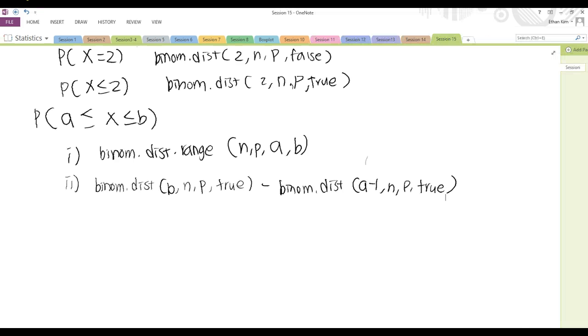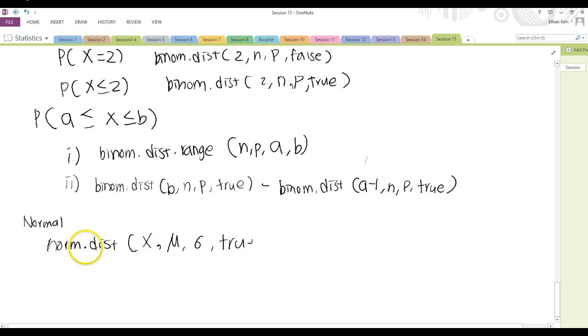And for normal distribution, it's almost the same, except for a few things. So normal, it's going to be norm.dist, and here you put in x value first, mu and sigma, and you put in true.